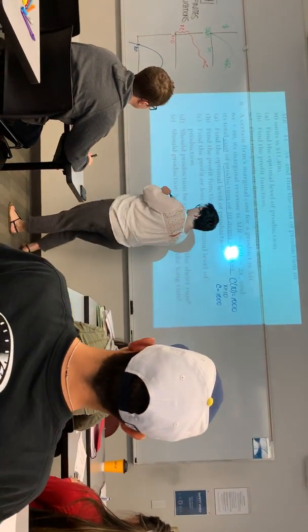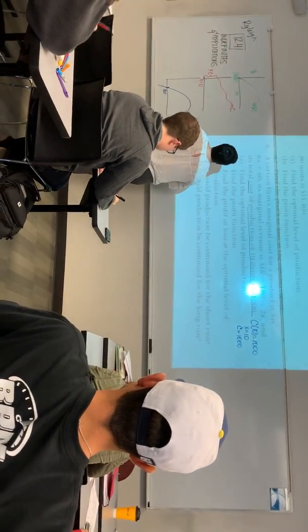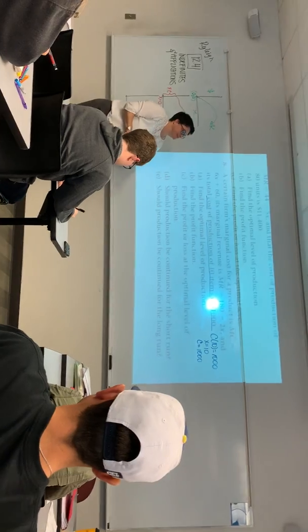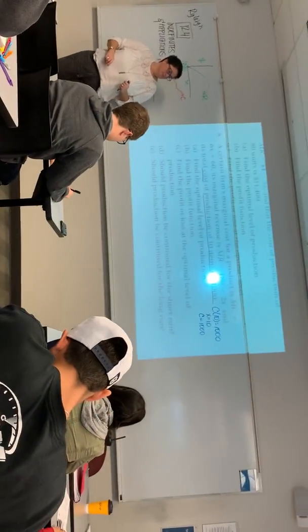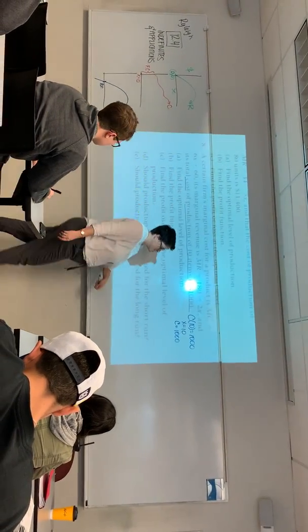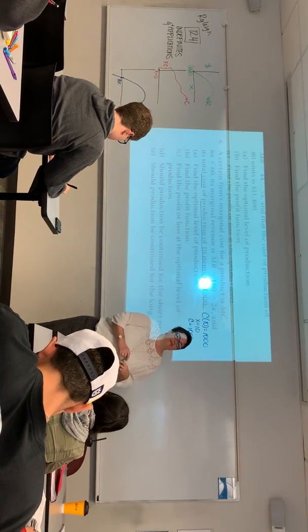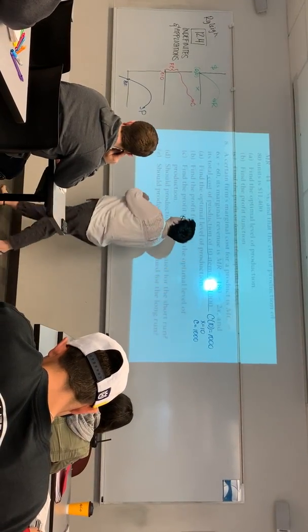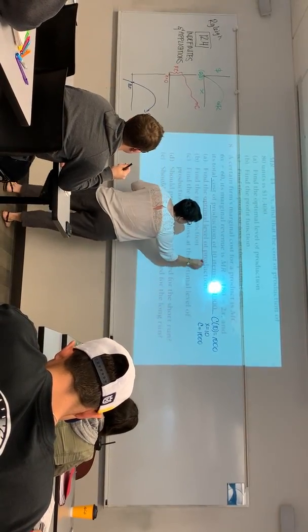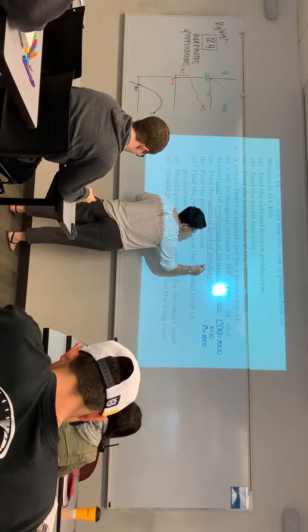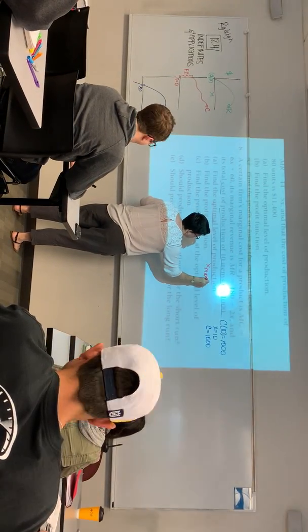So far, so good, you guys? Okay. What are we asked to find first? Optimal level of production. Optimal level of production translates to X that gives you max profit.